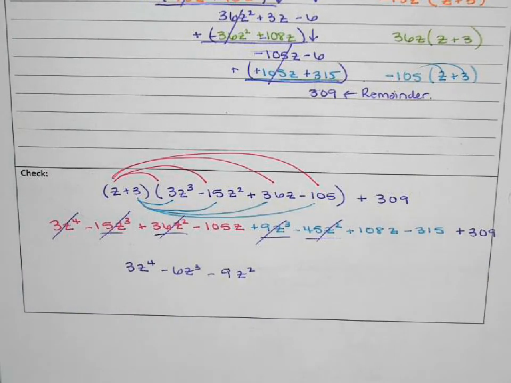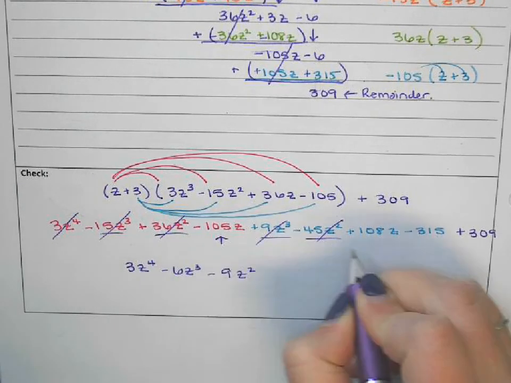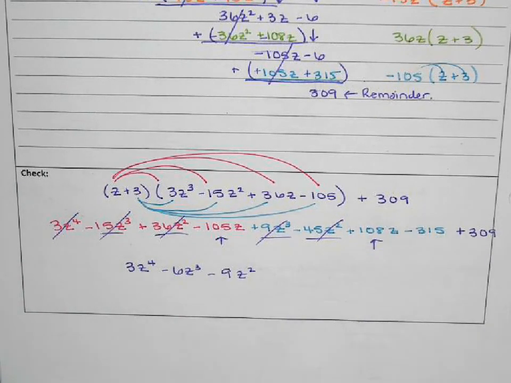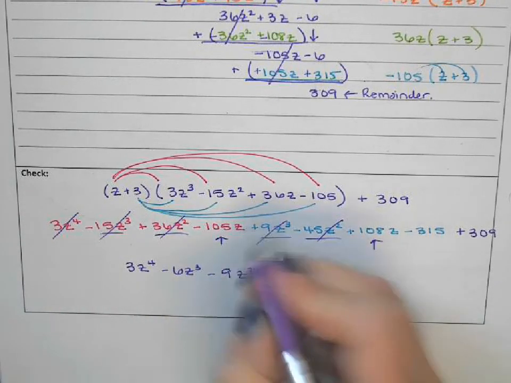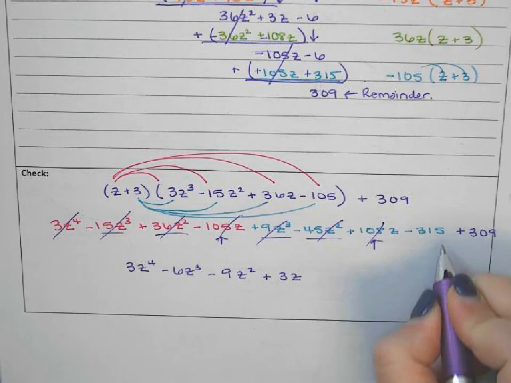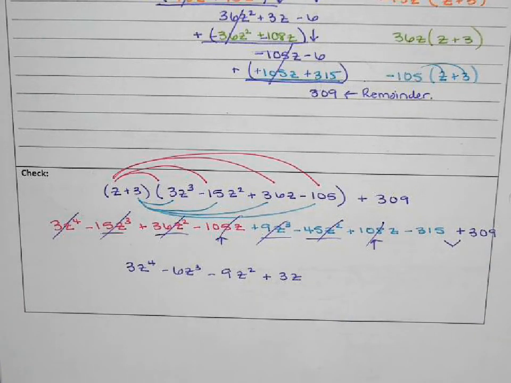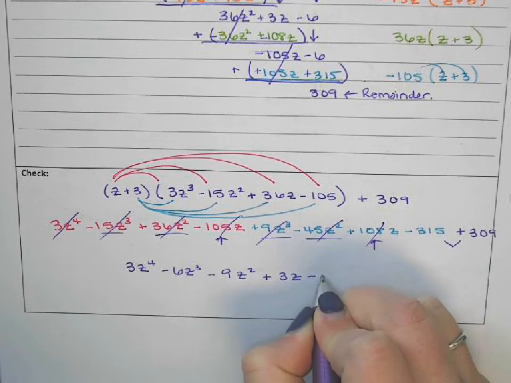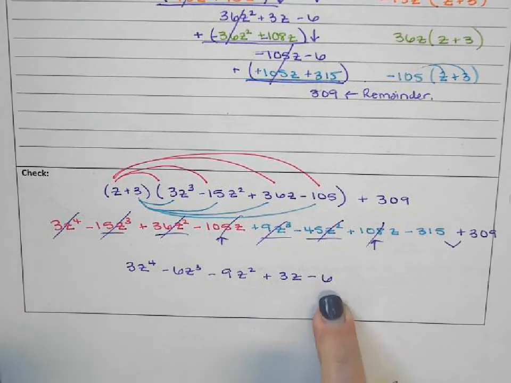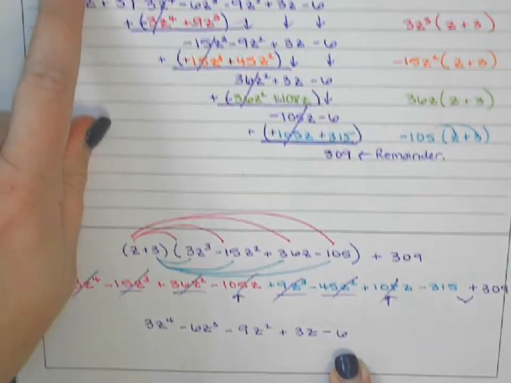Took care of those. Negative 105z and a positive 108z is plus 3z. Took care of those. These last two, negative 315 and 309, is minus 6. This is the same as what I started with.